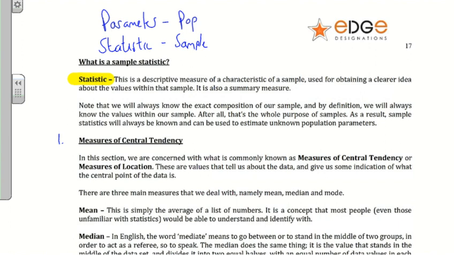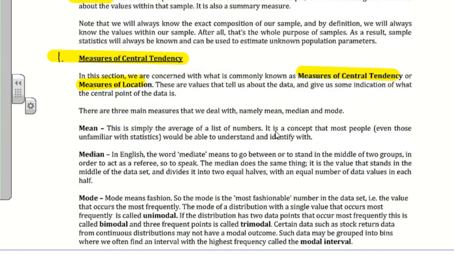The other 2 are measures of kurtosis, and measures of skewness, both right and left skewness. But in this particular pre-read, we only deal with measures of central tendency and measures of dispersion. When talking about measures of central tendency, or measures of location, we start off with the mean being the average.